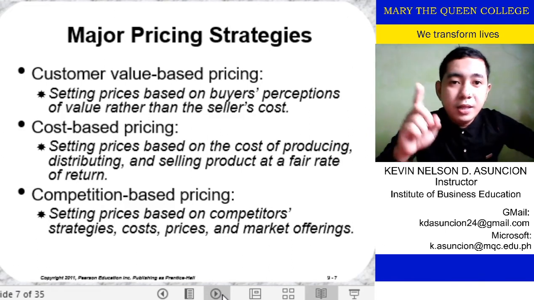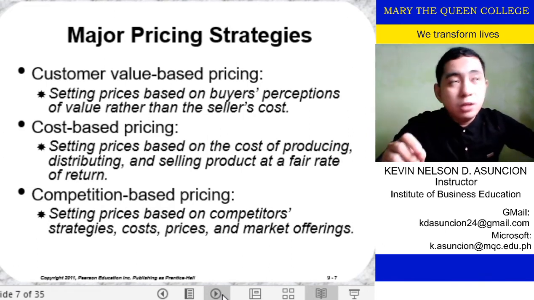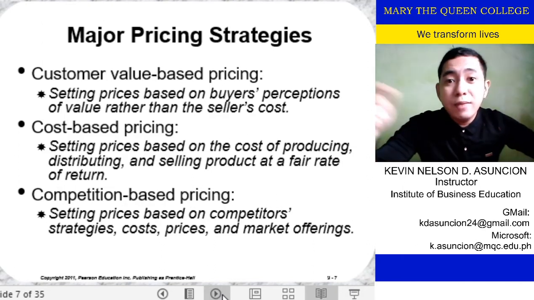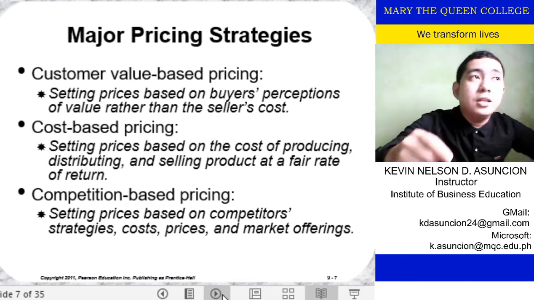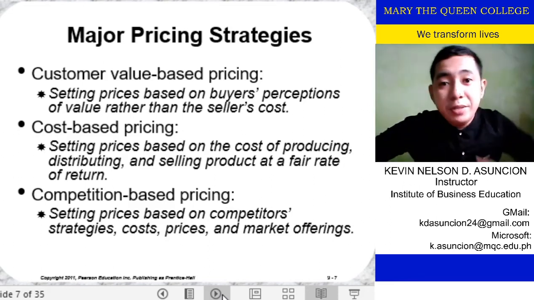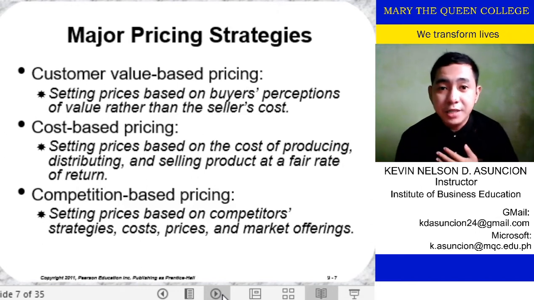In customer value-based pricing, you get to think about how much customers are willing to pay or think that this product is worth, para bilhin nila, o magkano nila bibilhin yan. So setting prices based on the buyer's perception of value rather than the seller's costs.